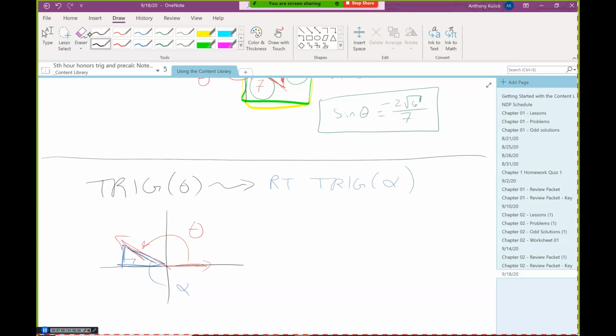The most important thing going forward is that you're comfortable moving back and forth between: can I take an angle of rotation, draw that on the xy axis, and create a right triangle situation that's equivalent to finding sine, cosine, and tangent of this angle of rotation? Okay?